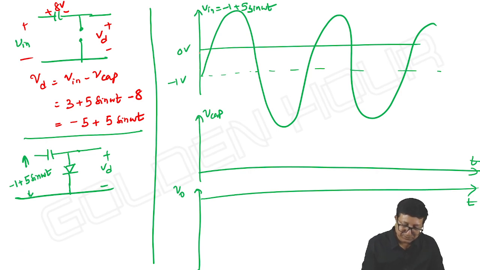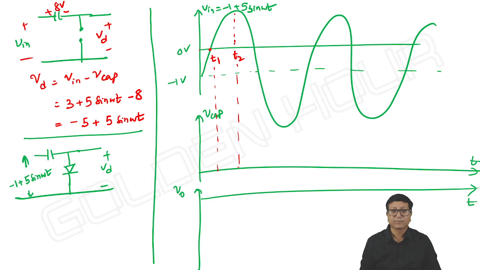Here, from this point to this point, input is negative. Input is negative means diode does not conduct and the capacitor cannot charge. Let me take this instant as T1 and this instant as T2. From 0 to T1, diode does not conduct. Even though you have input, input is negative, diode does not conduct.